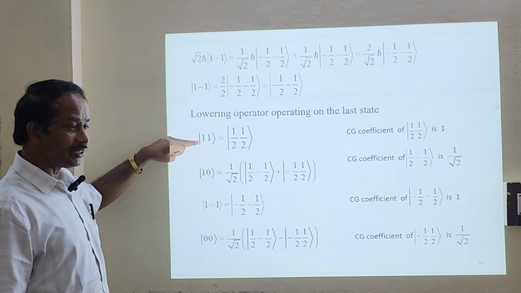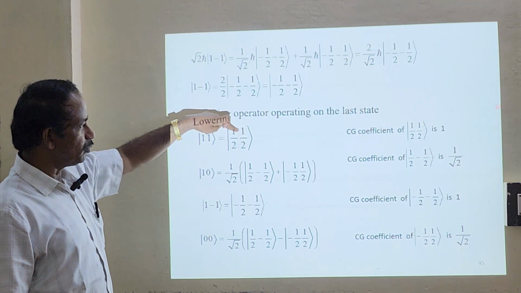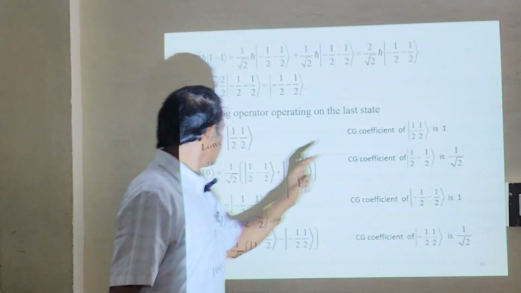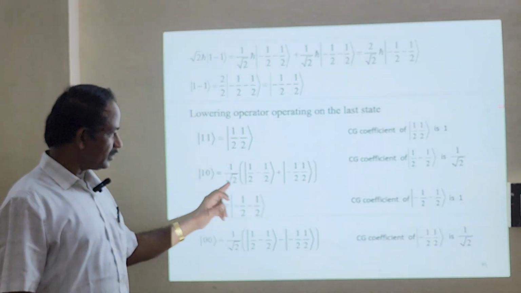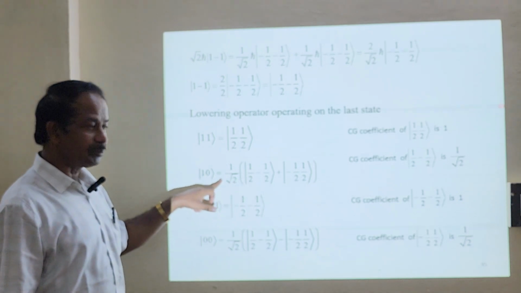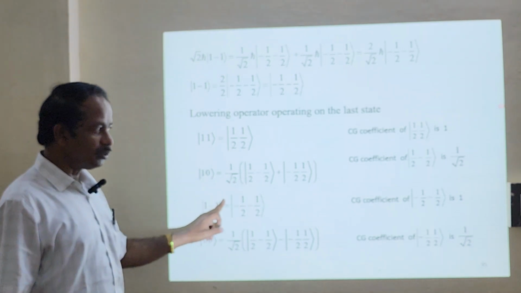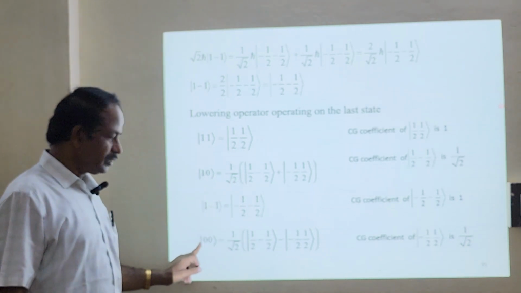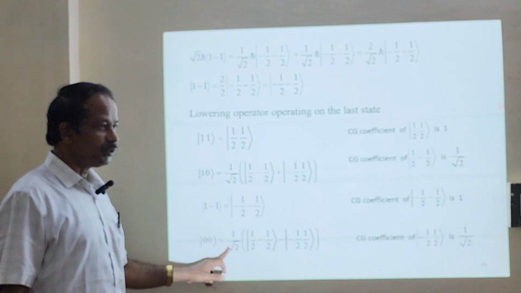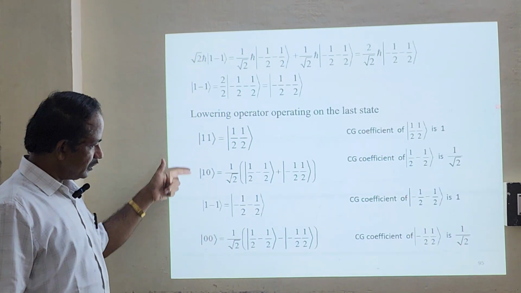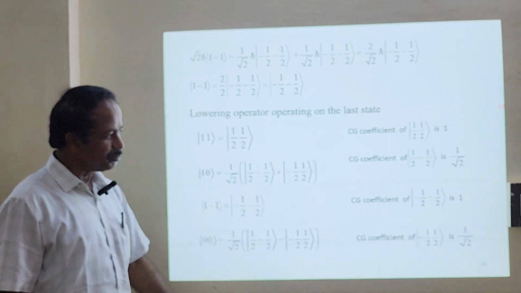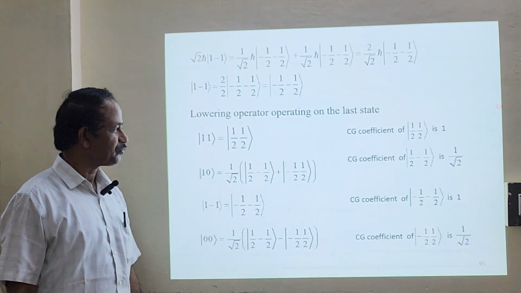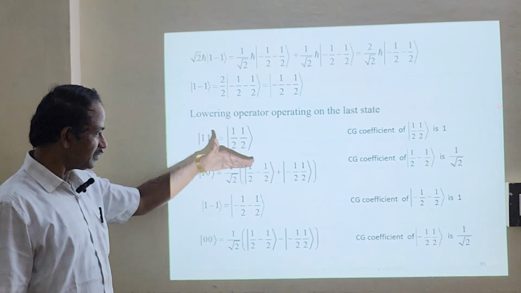We have already calculated 1, 1, 1 by 2, 1 by 2, the coefficient is 1, 1, 0, the coefficient will be 1 by root 2, 1 minus 1, the coefficient is 1 here, 0, 0, the coefficient will be 1 by root 2. You just see here, this is exactly similar, but here it is plus and this will be minus here. Okay, this is plus and this is minus.